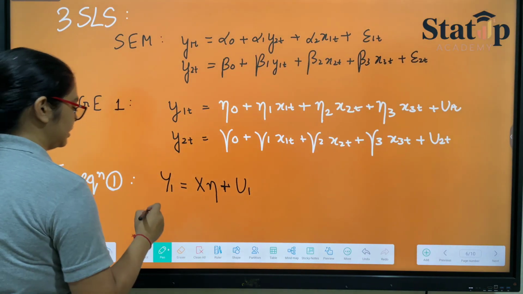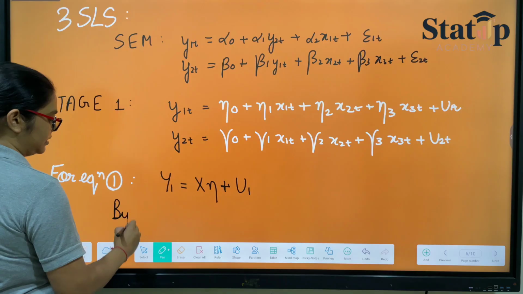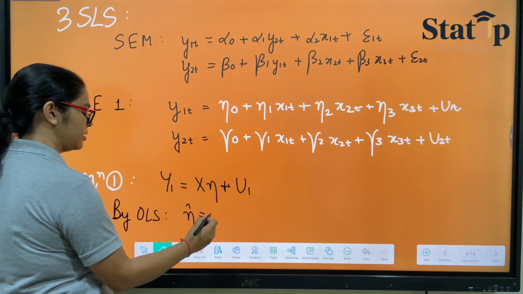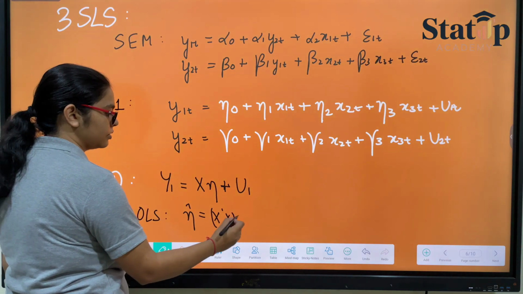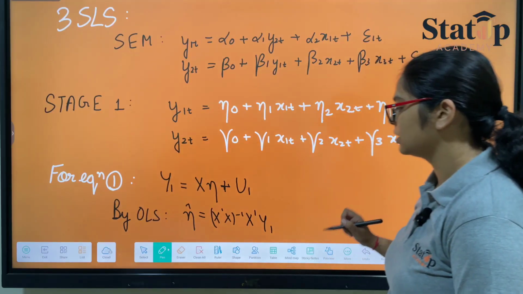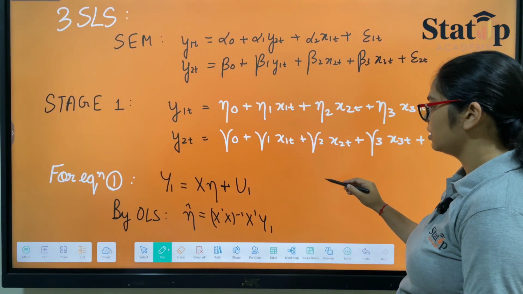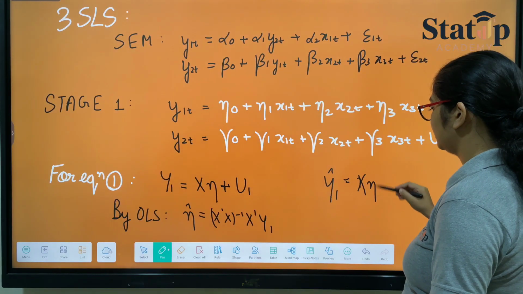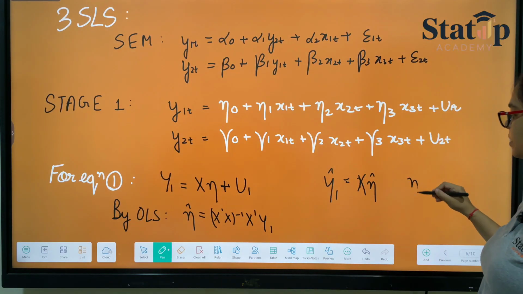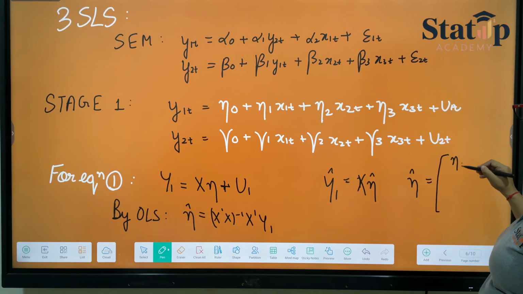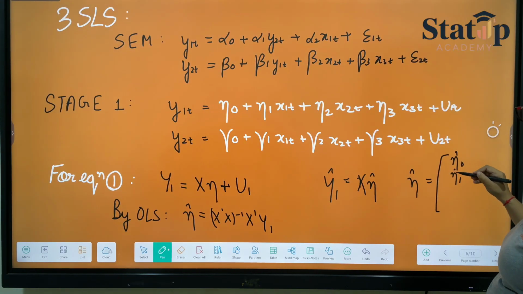Now again by OLS we will find eta cap as x dash x inverse x dash y1. We have found this. The predicted value of y1 is x eta cap, where eta cap is nothing but eta naught, eta 1, eta 2, eta 3.